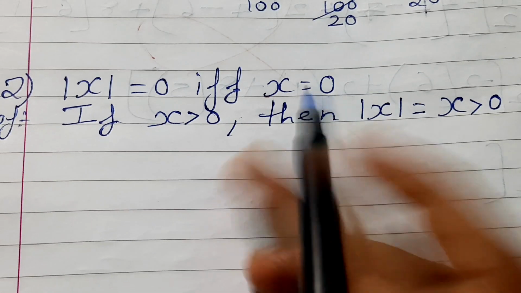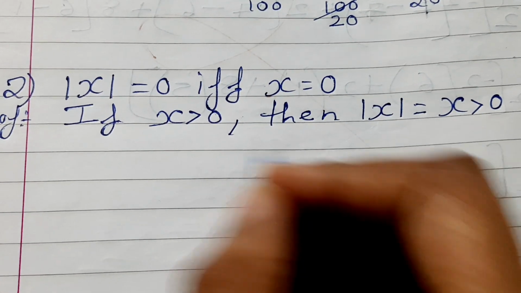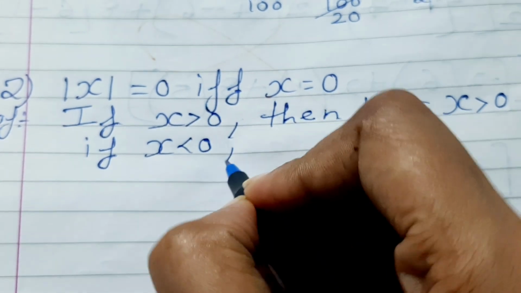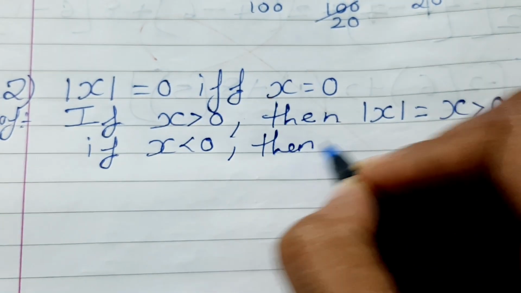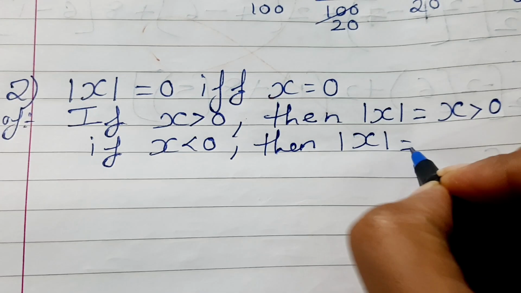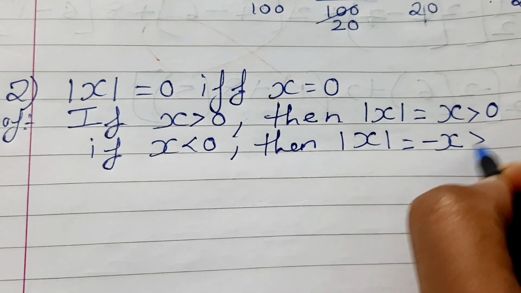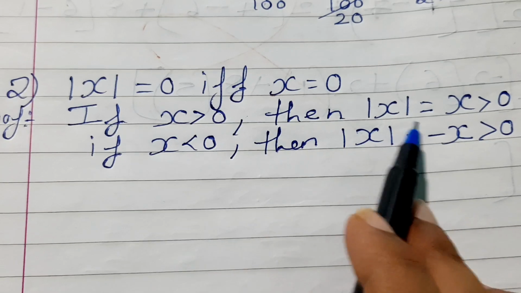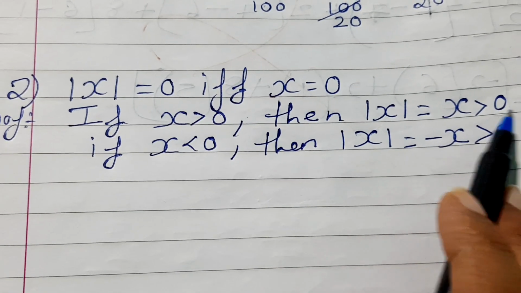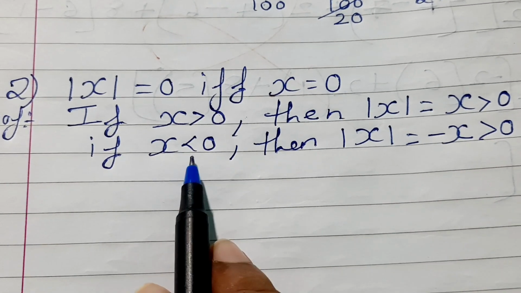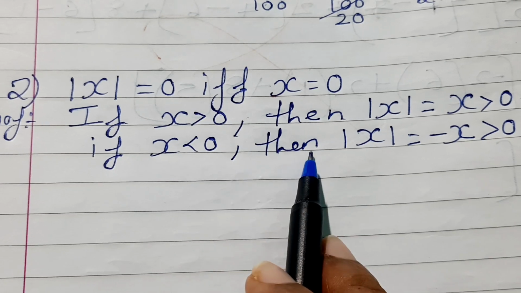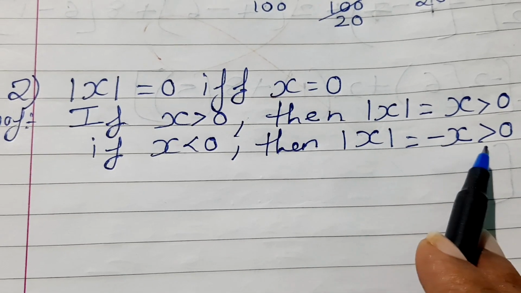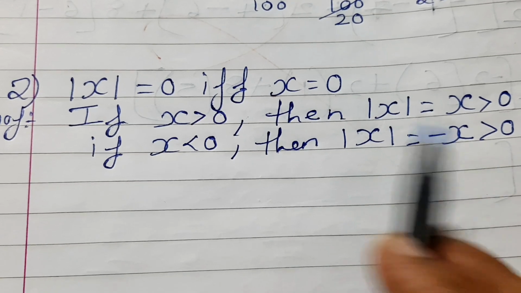If x is less than 0, then modulus of x will be negative x. Here, if x is greater than 0, then modulus of x is equal to positive x, which is greater than 0. If x is less than 0, modulus of x will be negative x, which is greater than 0.